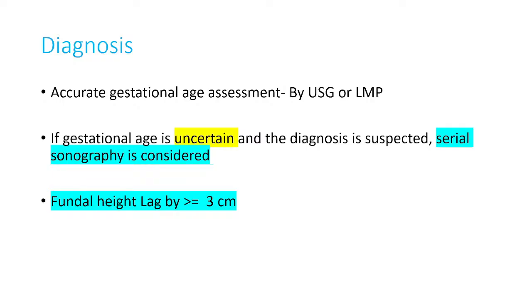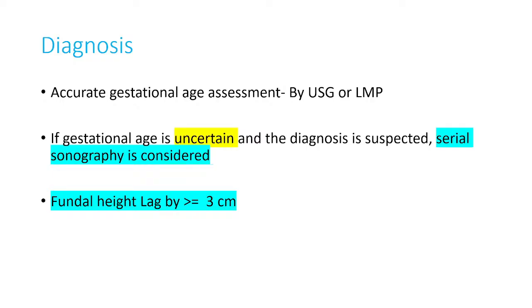So, early gestational age sonography or LMP you have to consider for the determination of the gestational age. If LMP is not so sure, then sonography is taken. If sonography is not done in the early gestational age, then LMP will be taken for the gestational age calculation.